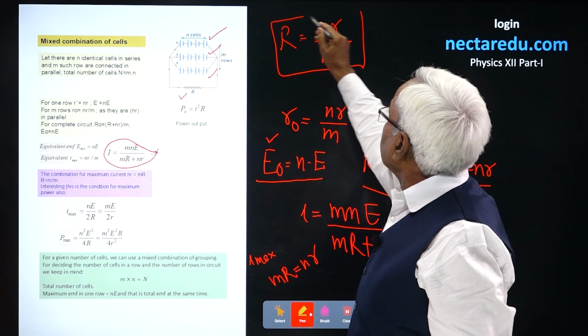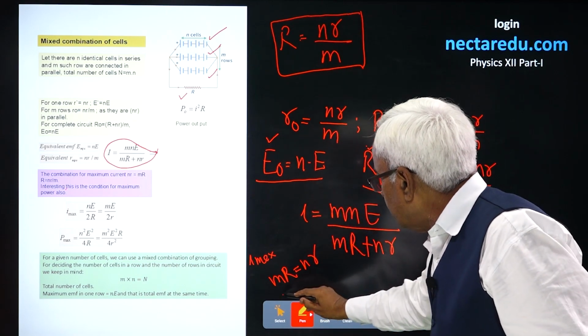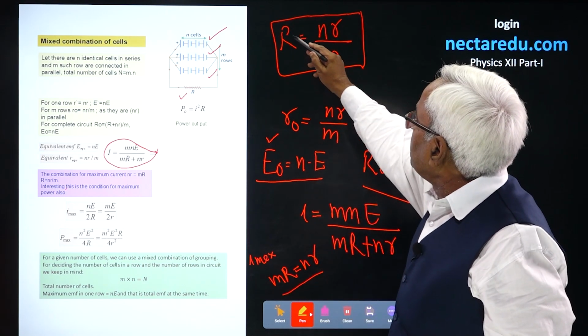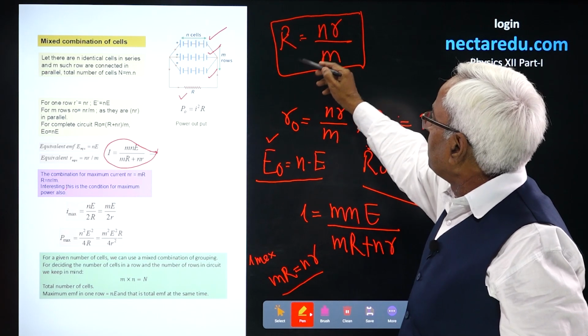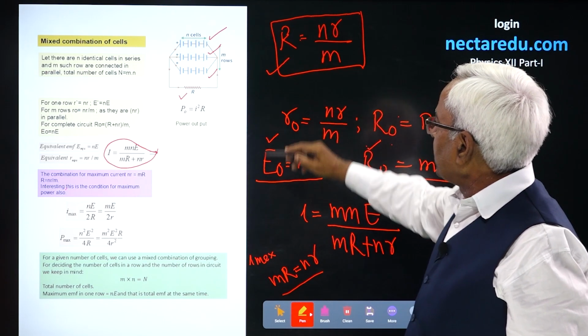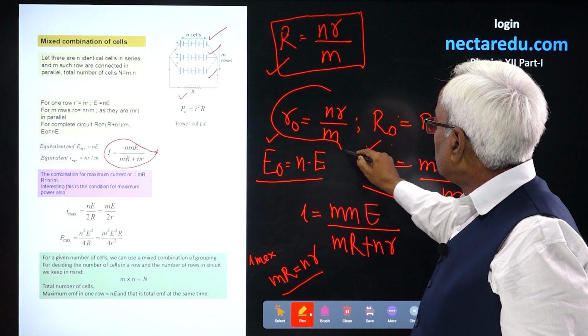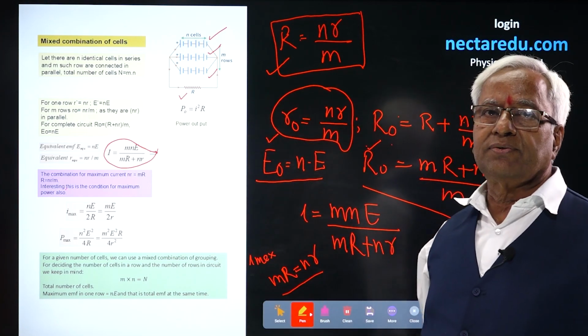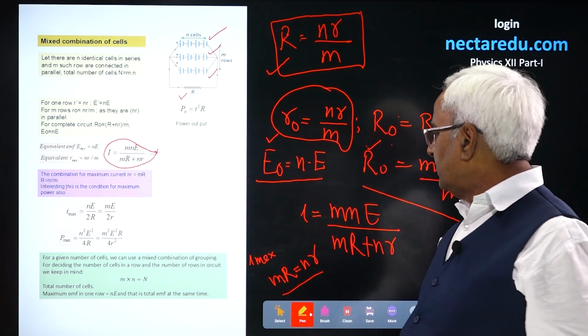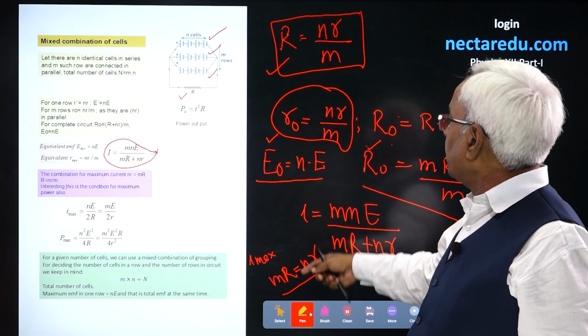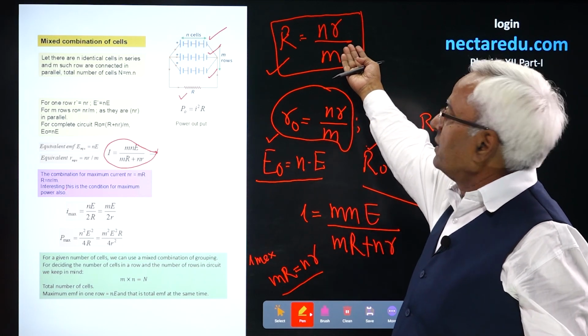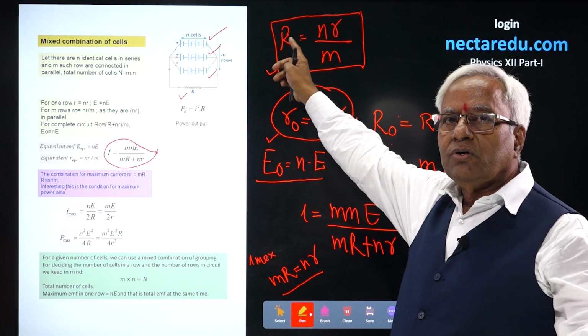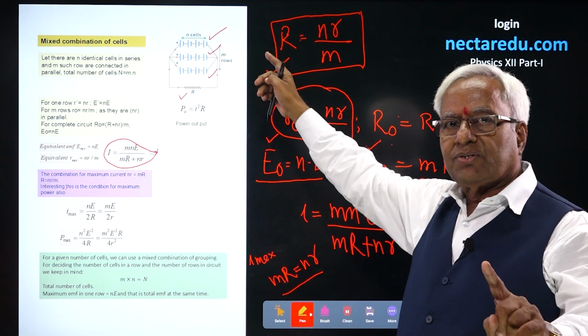This format becomes easier to remember, but theoretically, you could remember it this way: this is external resistance, and this is total internal resistance. That means in order to get the maximum current, the total internal resistance must be equal to the external resistance.